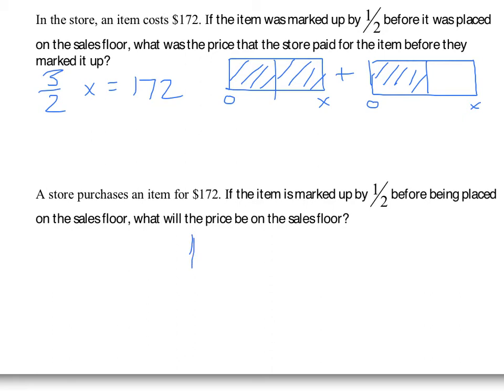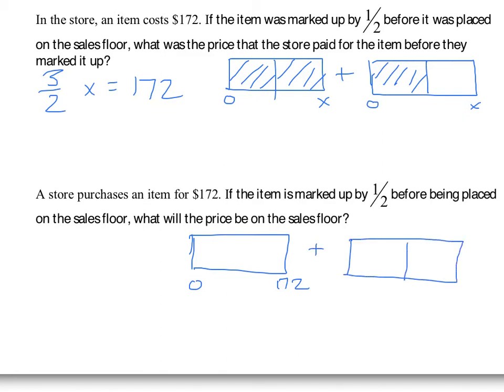So looking at this, we should set this up. We know what the original price was. Originally it was $172. That was 1 whole. We know that they added on to that 1 whole by increasing it by 1/2. So I have 2/2 or 1 whole from the first one, and then I add an additional 1/2.